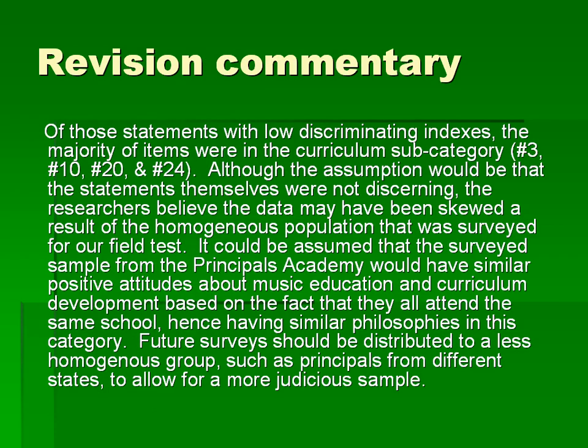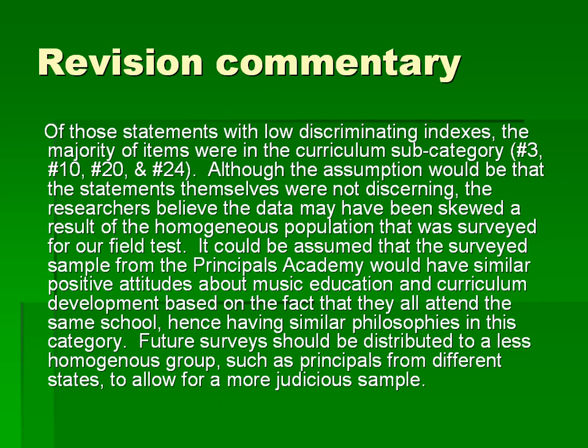Finally, when you write your report, if you develop an attitude scale, you would write some commentary about the revisions that would look something like this. This is again taken out of the report from the Principals Academy. You can see there's some attempt to explain, and if you look at the last couple of lines, it suggests that the group is kind of homogeneous, and therefore we're not able to discriminate very well.